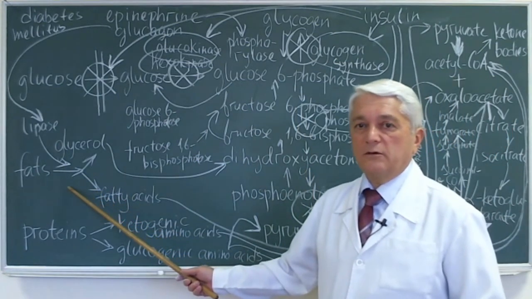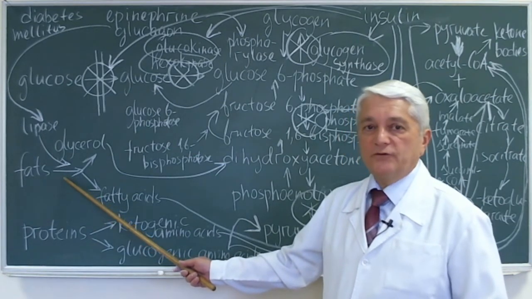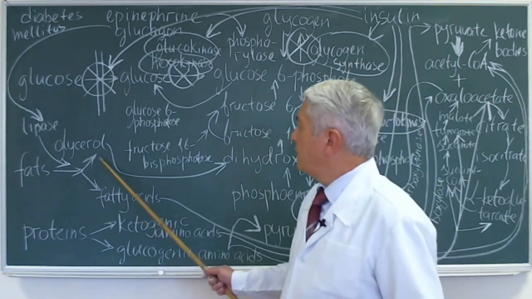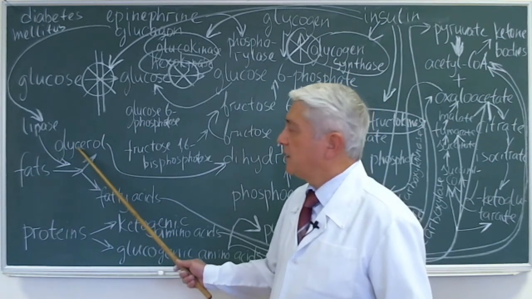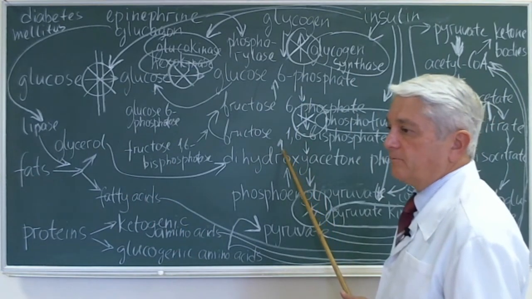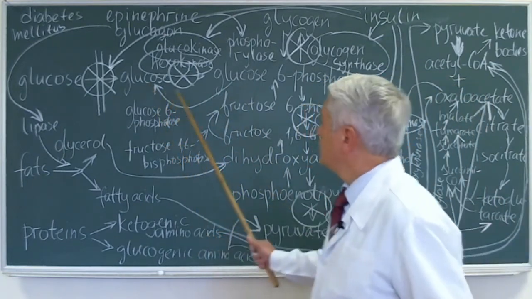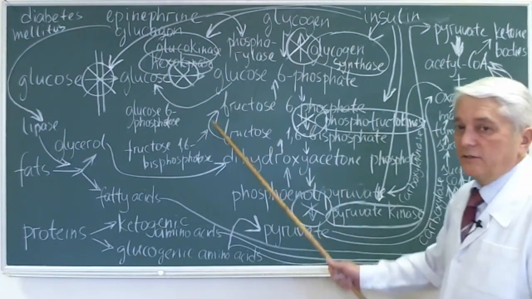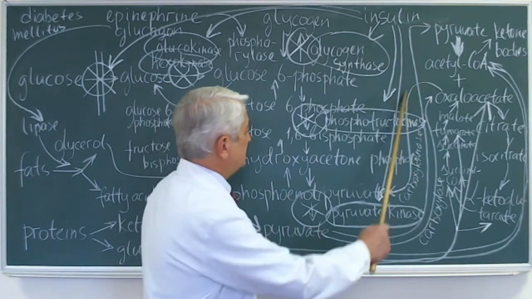So the patient tries to obtain energy from fats. But from fats, he obtains glycerol, which through gluconeogenesis can produce glucose, because this reaction is blocked, but this is not.